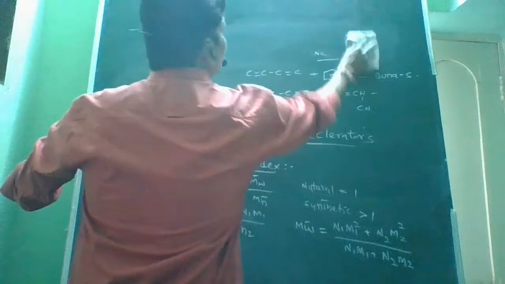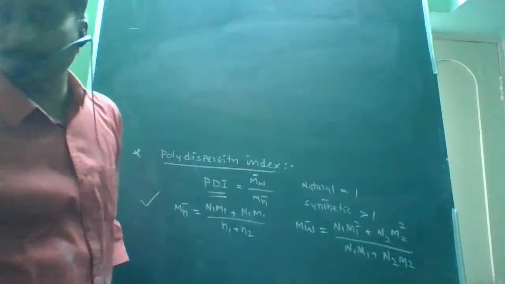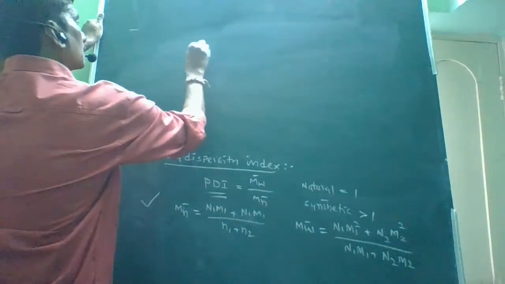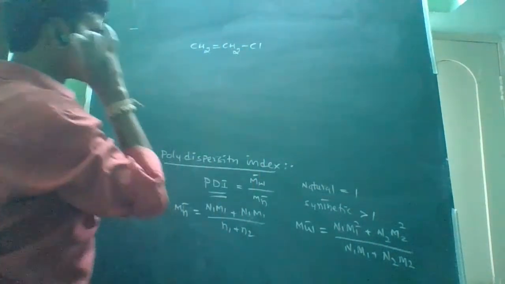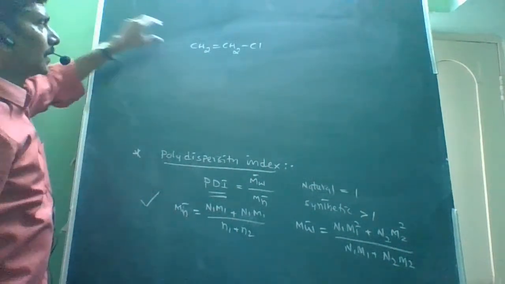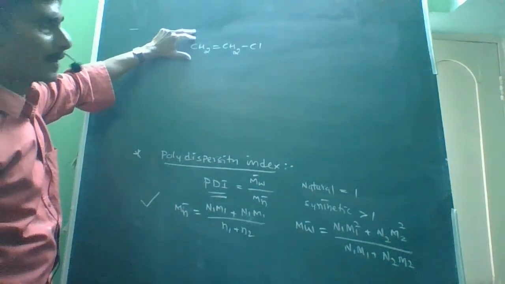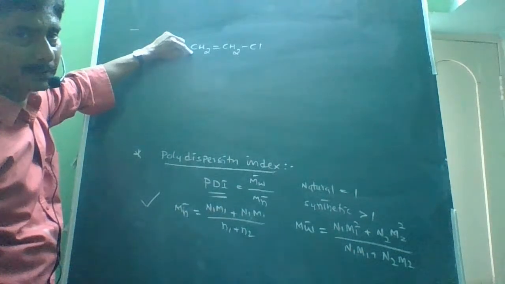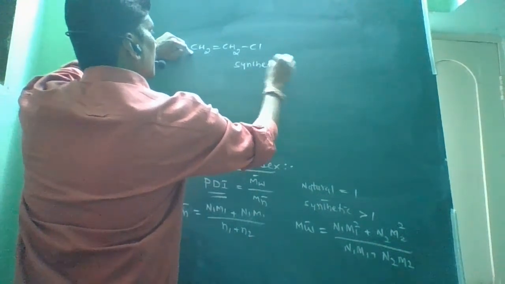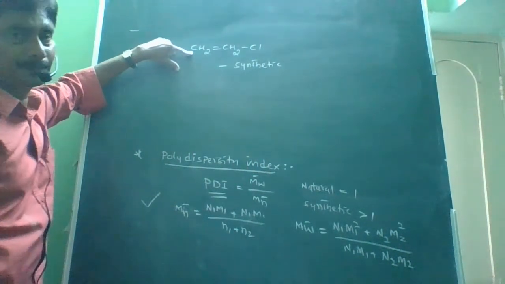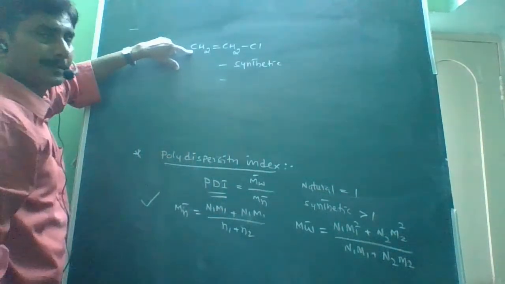For example, come to this vinyl chloride now. Is it a natural polymer or a synthetic polymer? It is man-made, nothing but a synthetic polymer. Is it an addition polymer or condensation polymer?